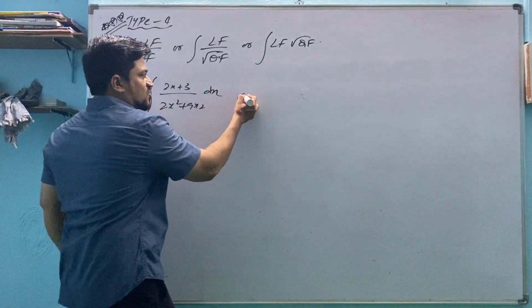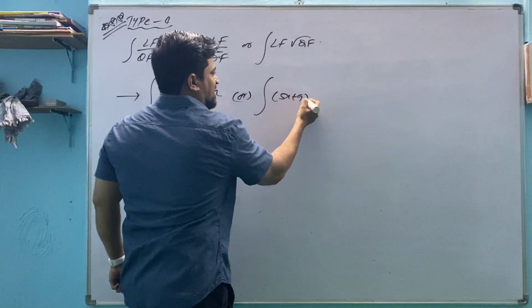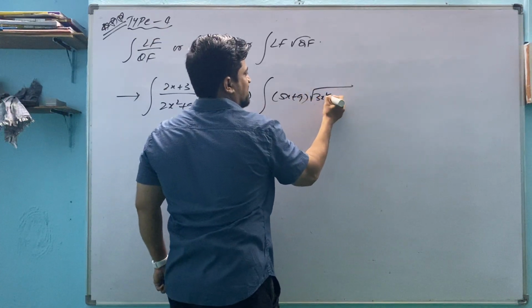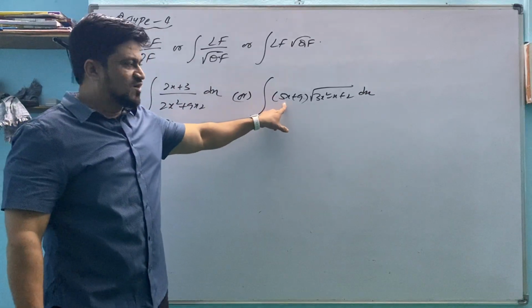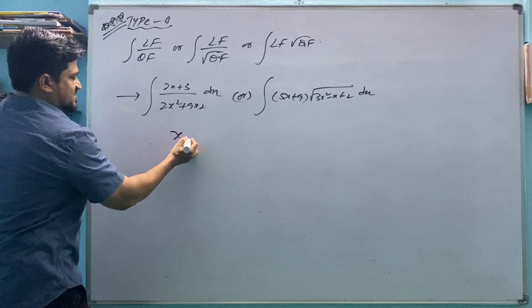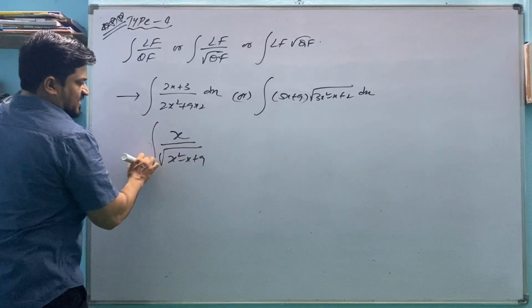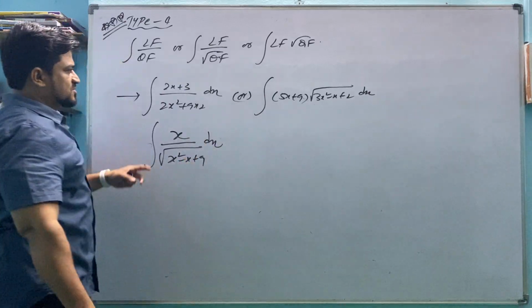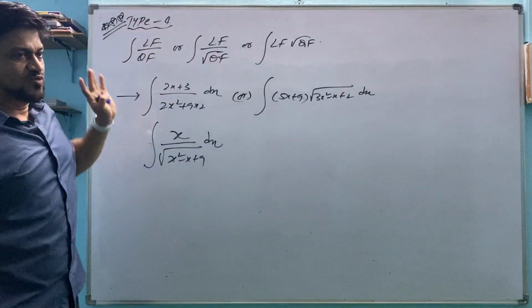Or else your question will be in this way: integral 5x plus 9, anything given, root over 3x square minus x plus 2 dx. This also has a linear function outside, root over a quadratic function. Similarly, if you find any question like this: x by root of x square minus x plus 9 with integral and dx, all these types are considered to be type 4.